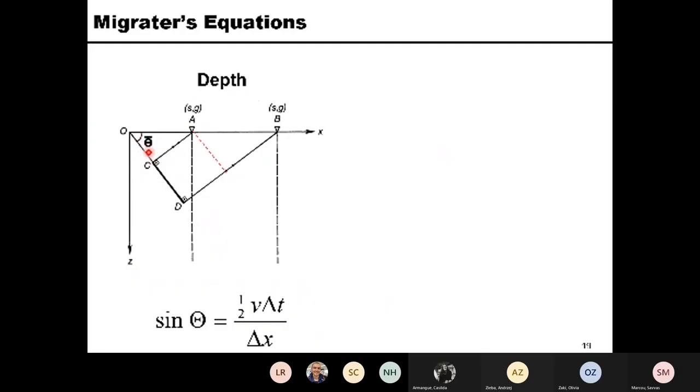So this angle, theta with a bar on the top, I call it just sine theta. You can define sine theta equal to this, right? That's the delta x.